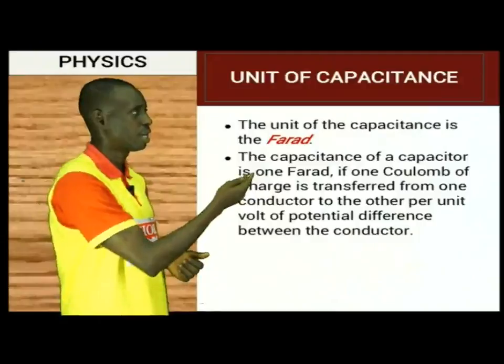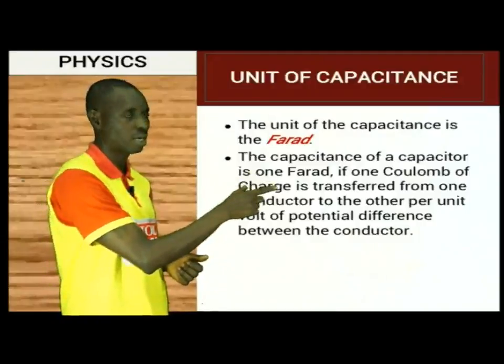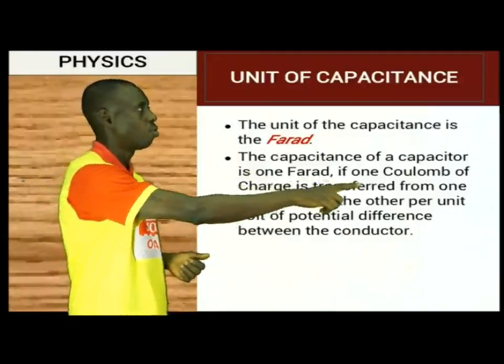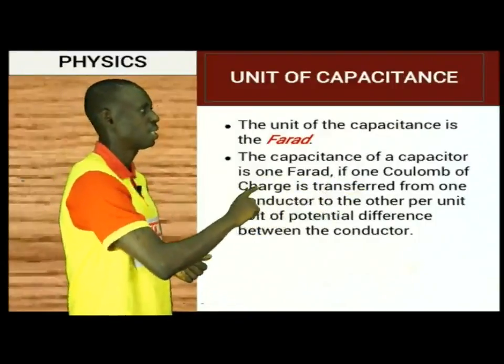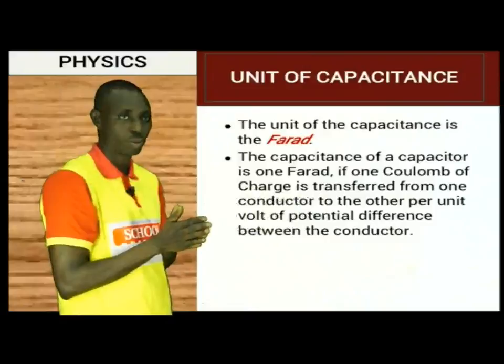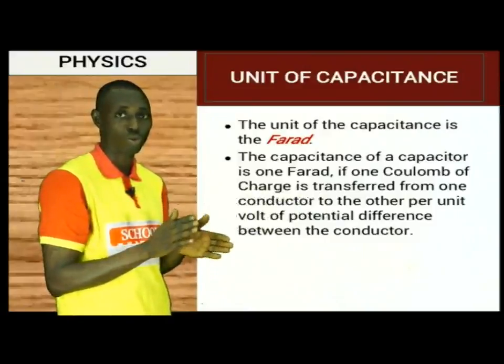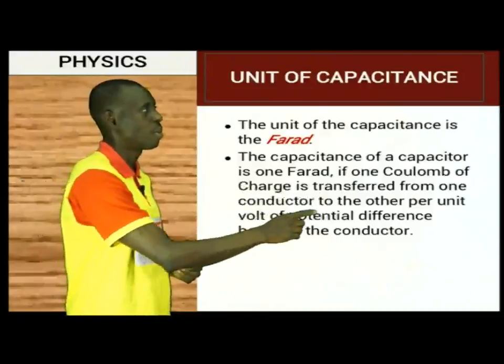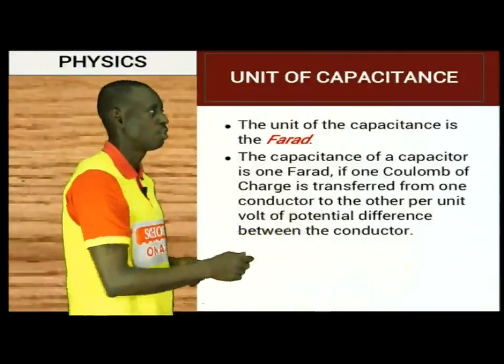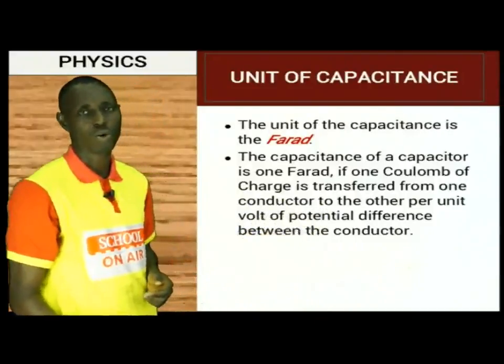So by definition, the capacitance of a capacitor is 1 farad when the charge is 1 coulomb, and that charge is transferred from one conductor to the other, as we are talking about two metal plates, per unit voltage of potential difference between the conductors.